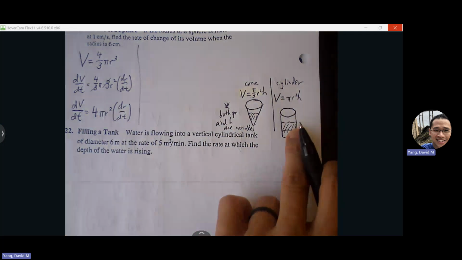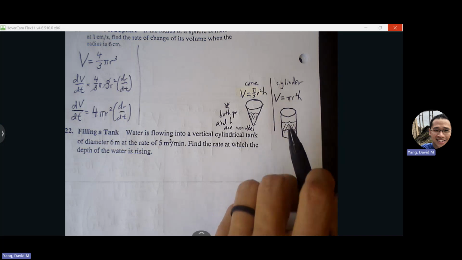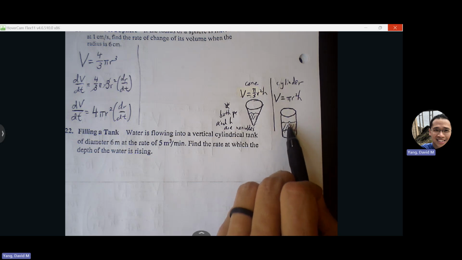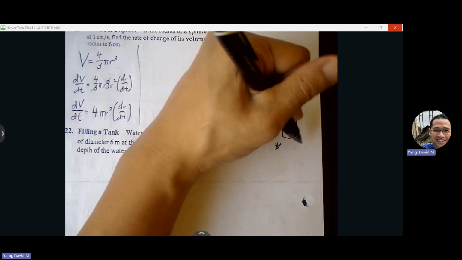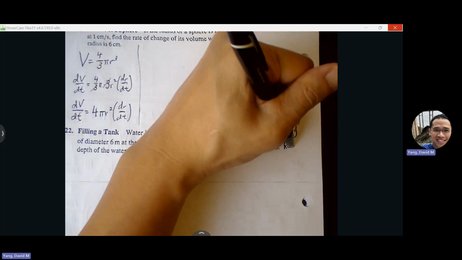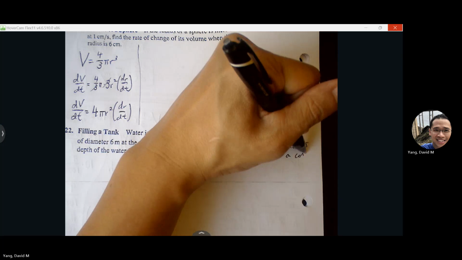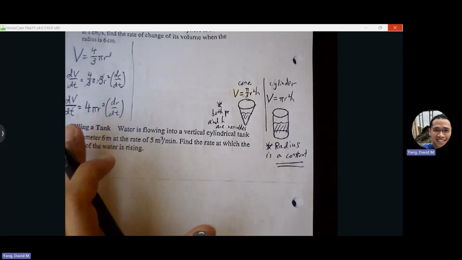But here, with the cylinder, look at the water inside this tank. As the water level is rising and falling, is the height changing? Yes. Is the radius changing? No. So for the cylinder problems that we're going to see, your radius is a constant. That's why cylinder problems should be a lot easier.